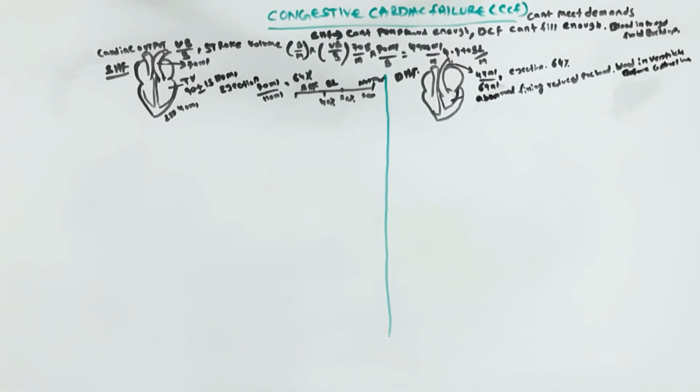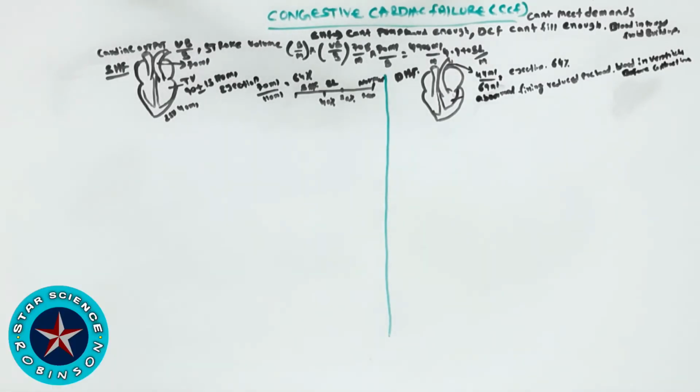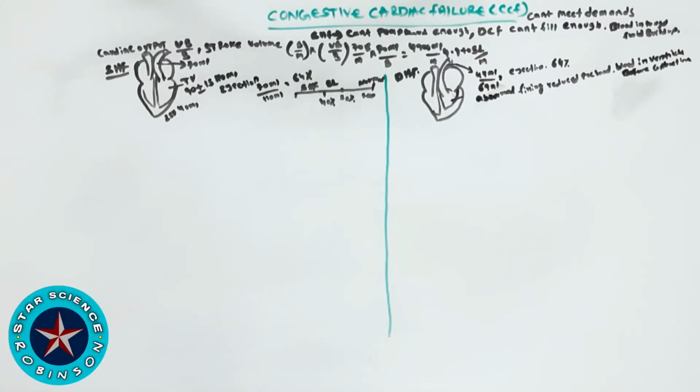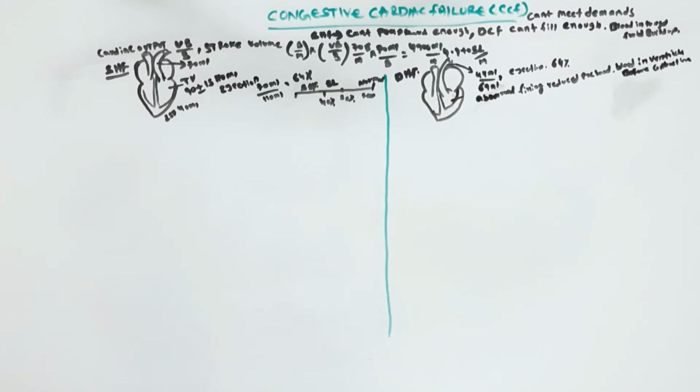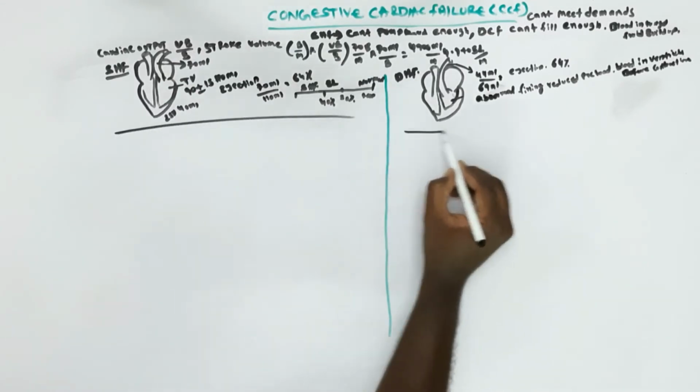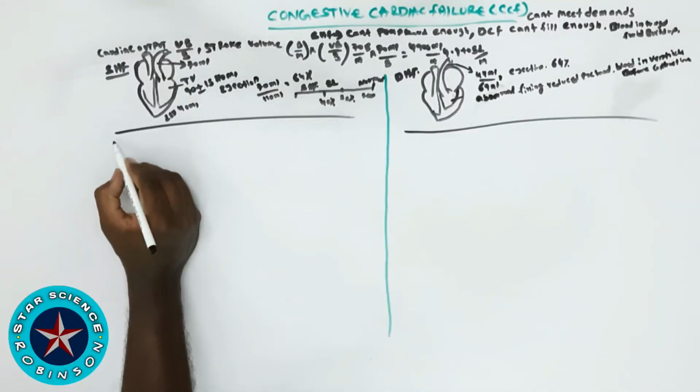So these are the phases of congestive cardiac failure. We are going to see both in detail, systolic heart failure as well as diastolic heart failure. Now let's see systolic heart failure.